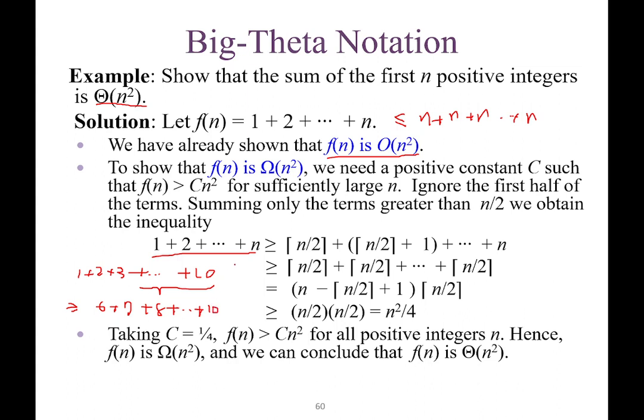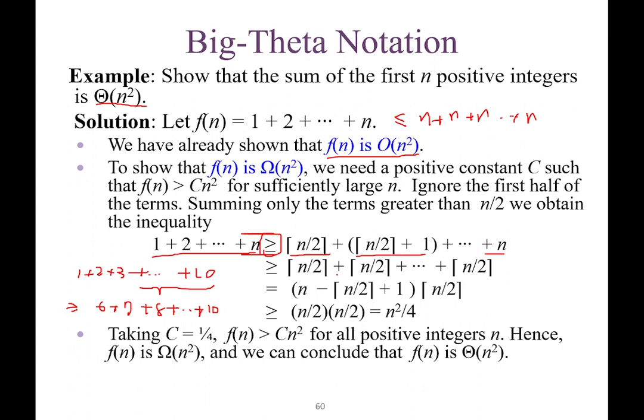The bottom half of the sequence we can write as n divided by 2 with the ceiling function, and this term plus 1, and this term plus 2, until n. So we just choose the bottom half of this sequence. f of n is larger than or equal to the sum of the bottom half of these numbers.